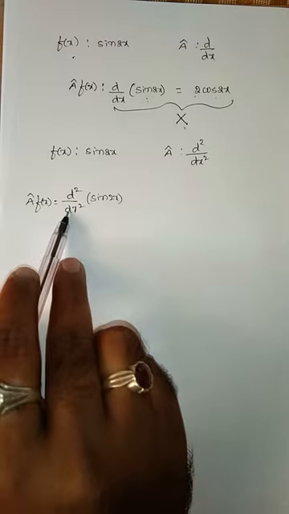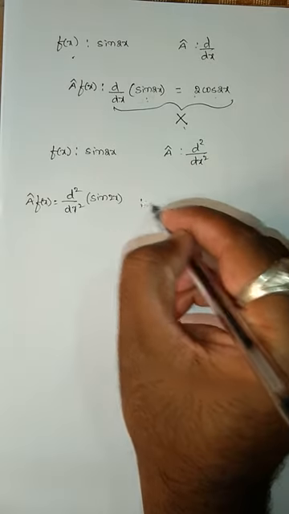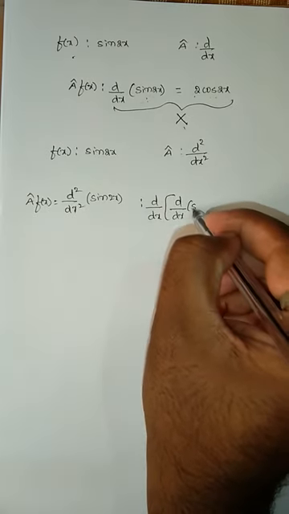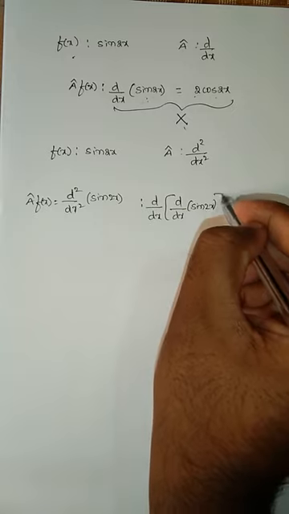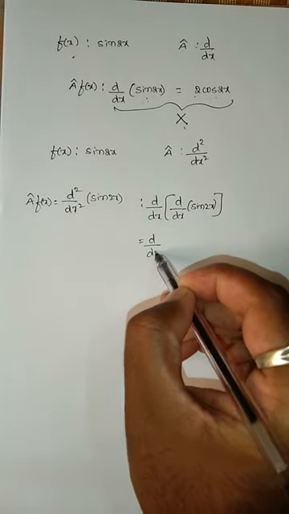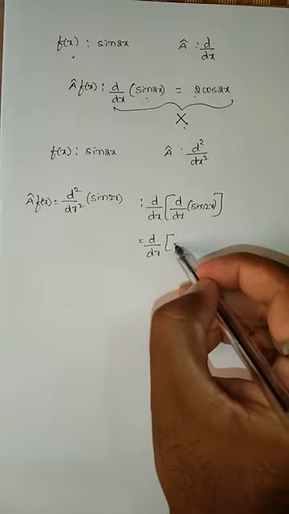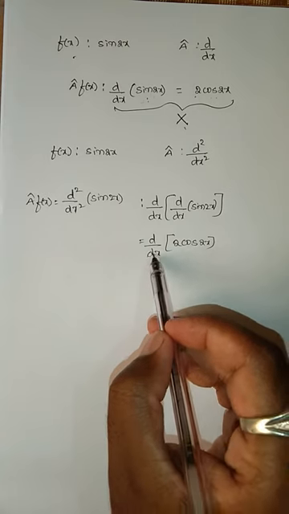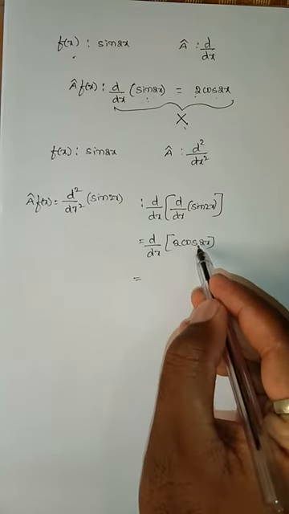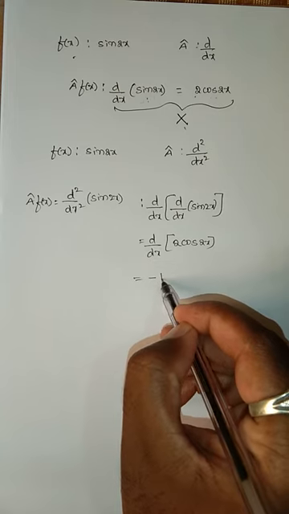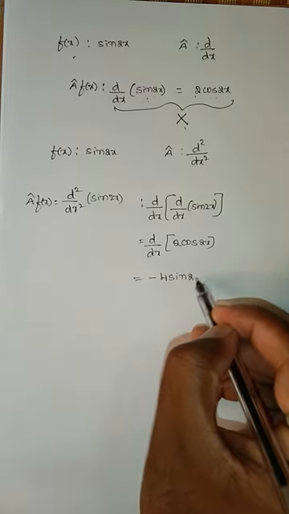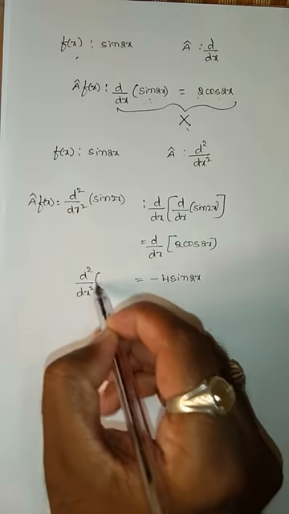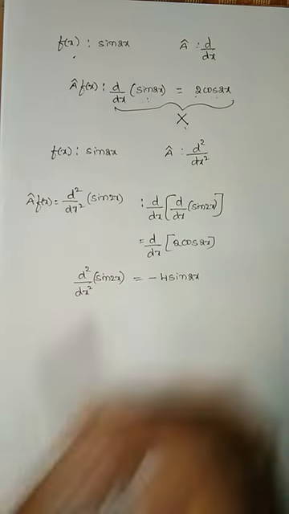This means we should perform d by dx two times. So we can write this as d by dx into d by dx of sine 2x. We know that d by dx of sine 2x is 2 cos 2x. And again we perform d by dx on this, so d by dx of 2 cos 2x will be minus 4 sine 2x. This is the result of d square by dx square of sine 2x.